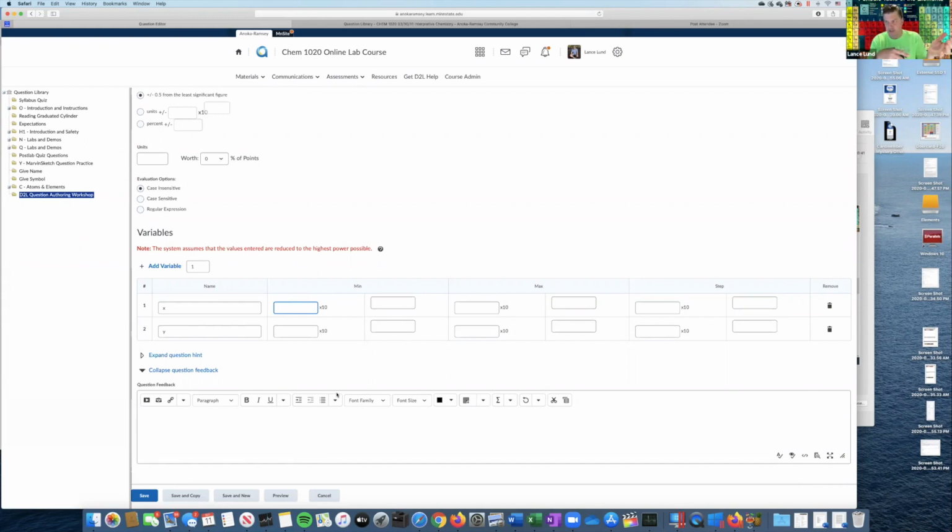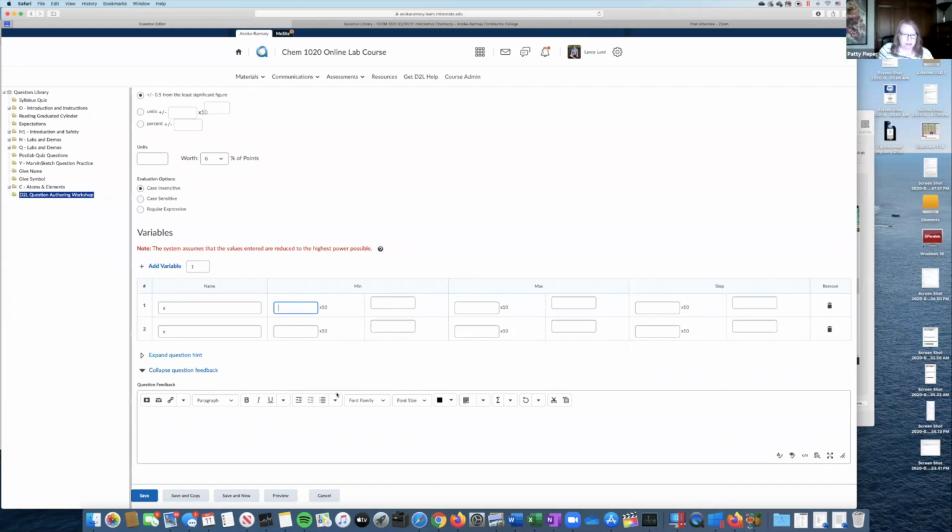In fact, we usually have them not in scientific notation, probably more often than in scientific notation. So it's probably a bad labeling of a type of question, really, because it's really not a sig fig question. Though it is sig figs, this is the only way that D2L handles significant figures: they have to be in scientific notation.